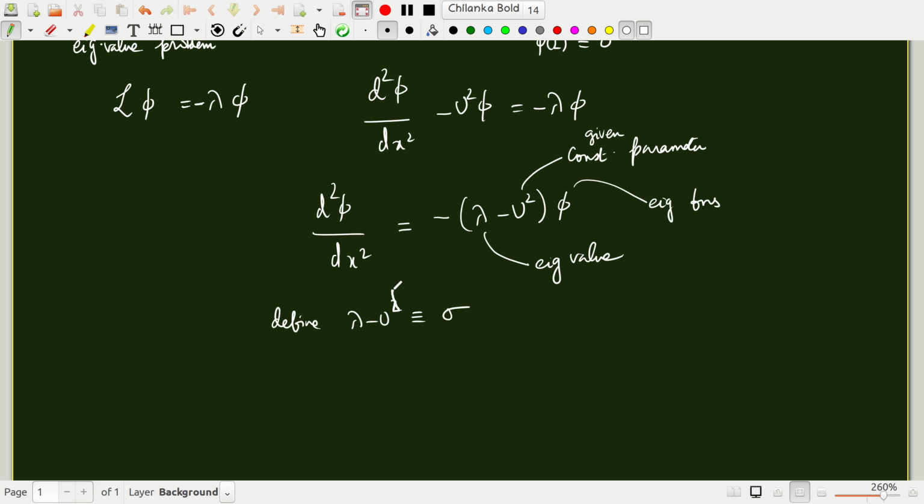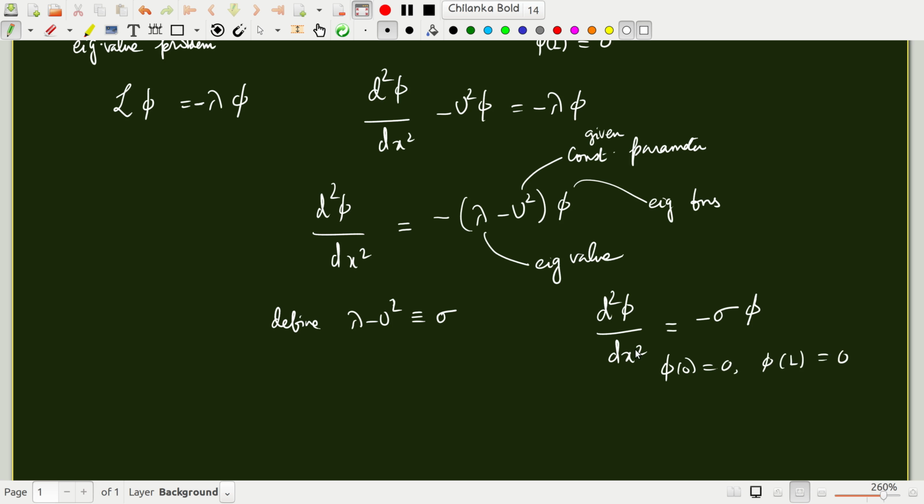So I will solve the eigenvalue problem as d squared phi by dx squared is equal to minus sigma phi, where sigma is this. Now with phi of 0 is 0 and phi of L is 0.